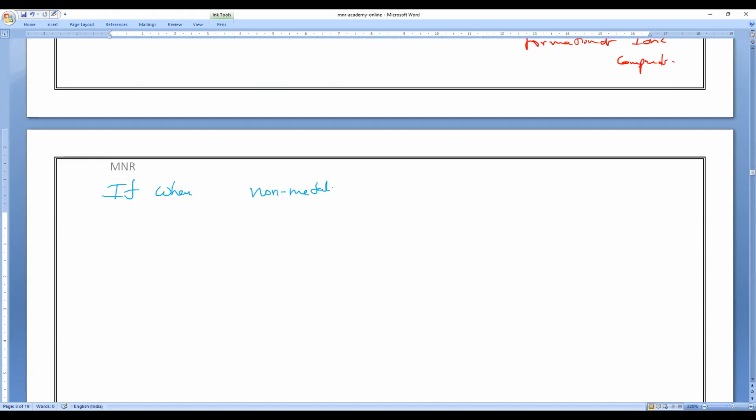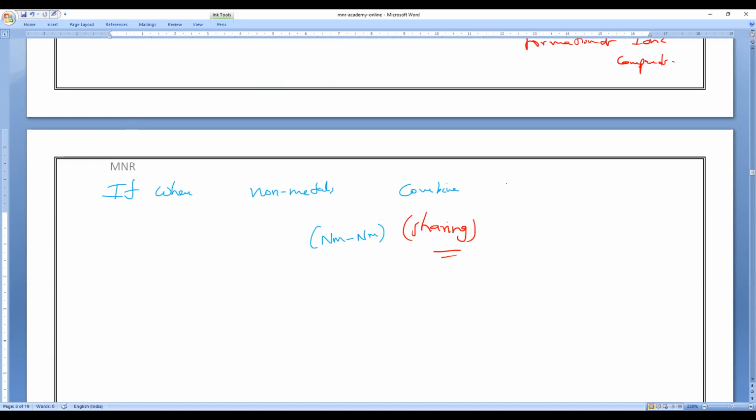Now, write it. When non-metals combine together, they will share the electrons, or they will donate and receive the electrons. Both are receiving, both are not donating. So what will happen? Both are sharing.